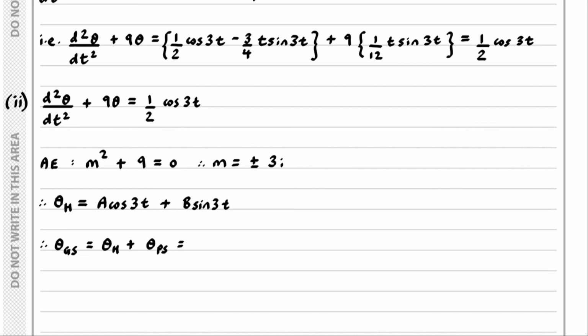So I've got the homogeneous solution, which is a cos 3t plus b sine 3t, plus the particular solution, which is 1/12 t times sine 3t.